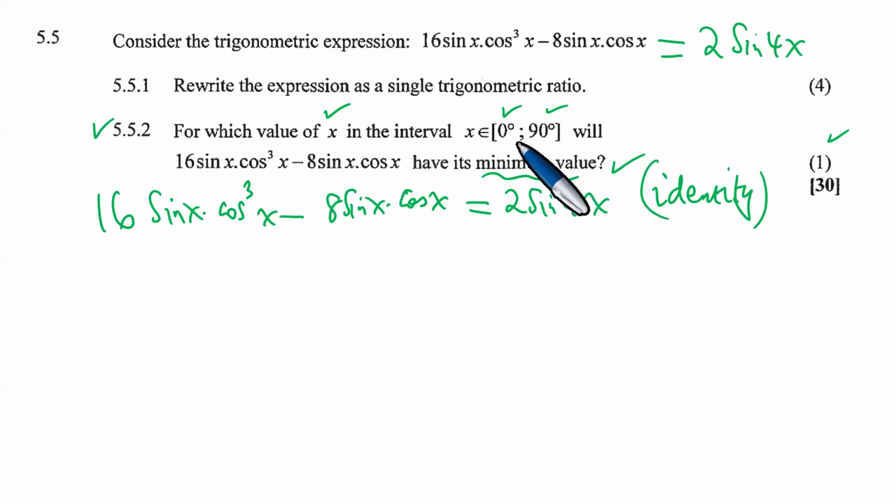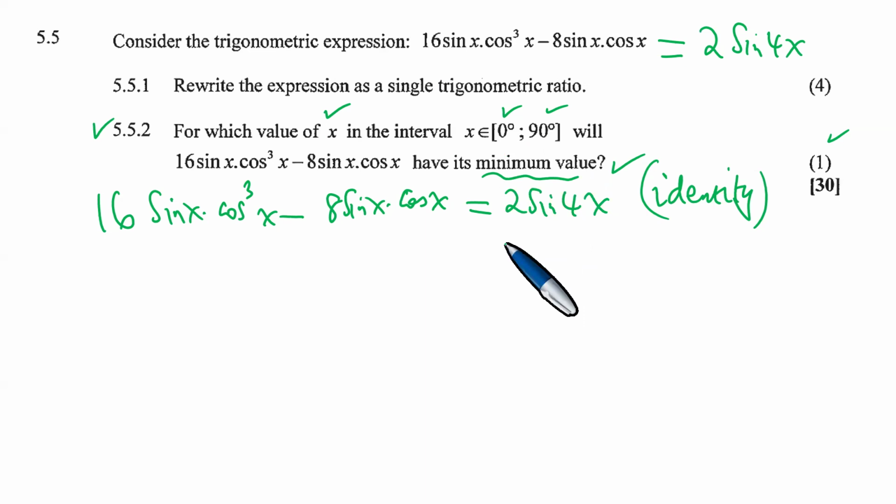So minus 90 might be correct, but the examiner says, hang on, I get your point, but the x must be positive. It can't be negative. I agree, negative 90 makes sense, but it is outside this interval. We need something between 0 and 90.